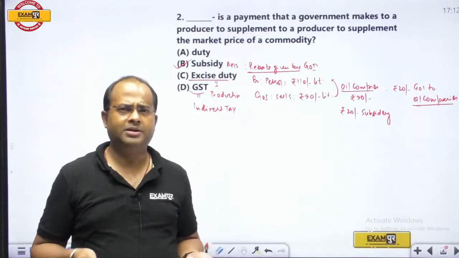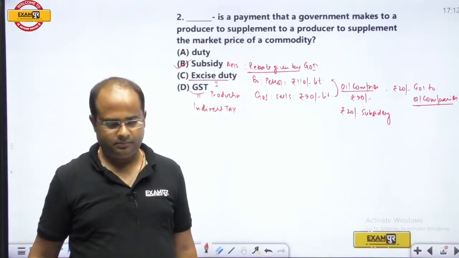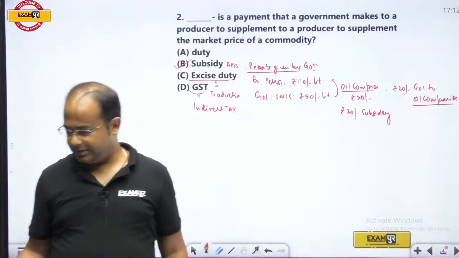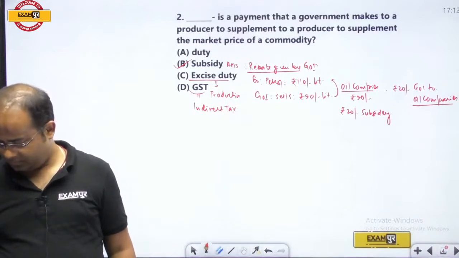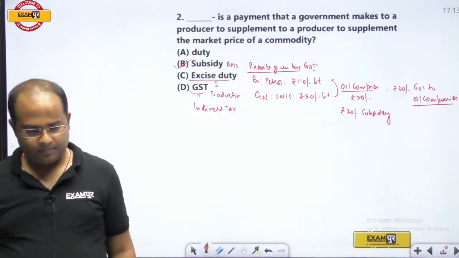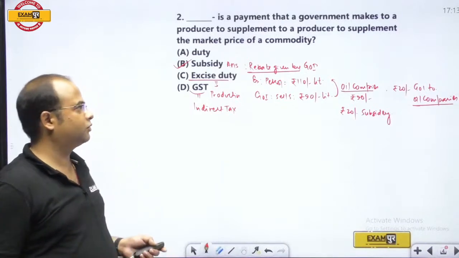Rebate is a type of discount that is being given. Is that clear, guys? Okay, so if it is clear, then let's move to the next question.